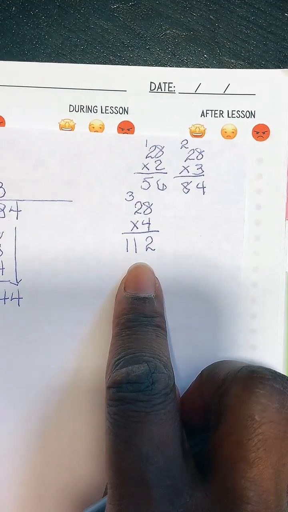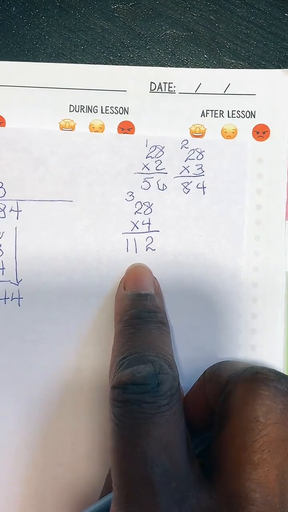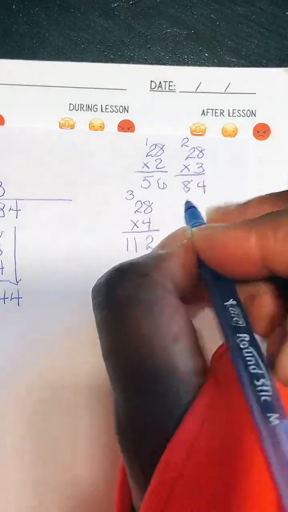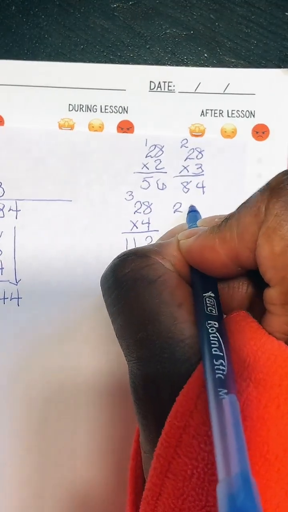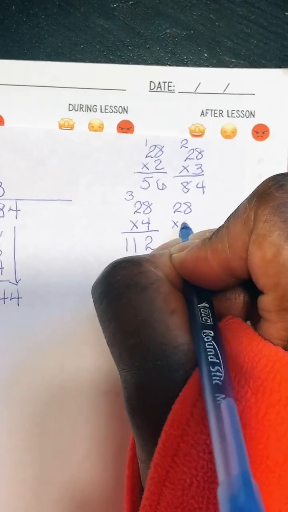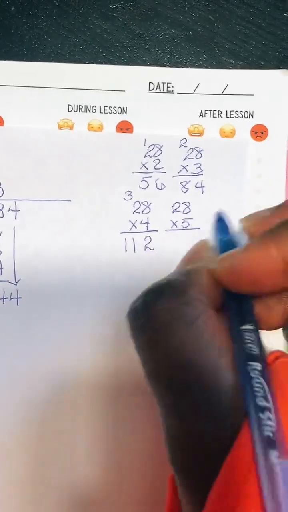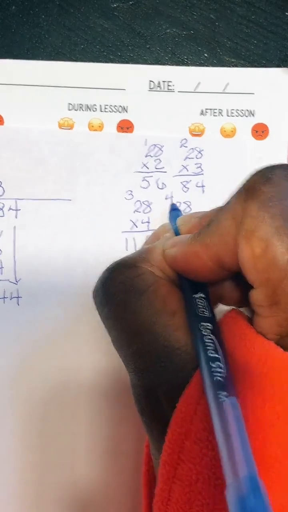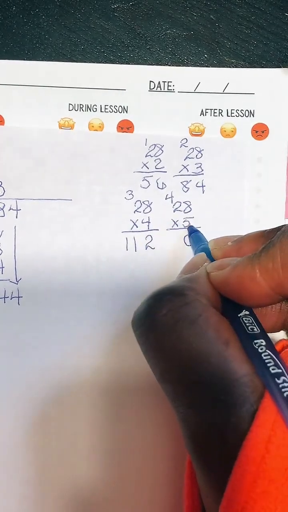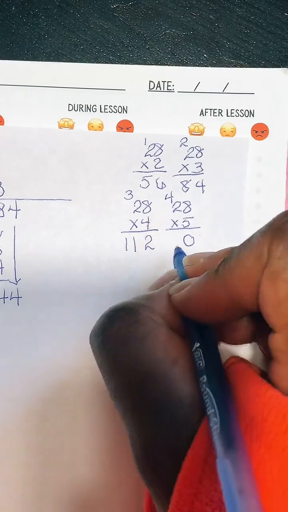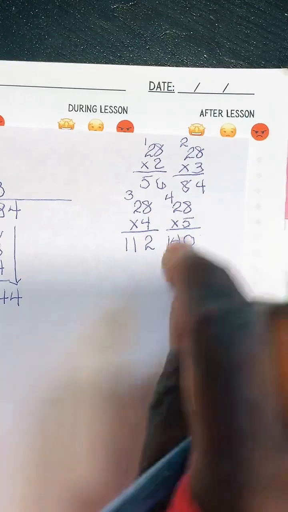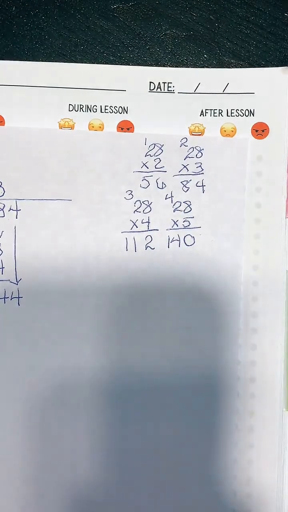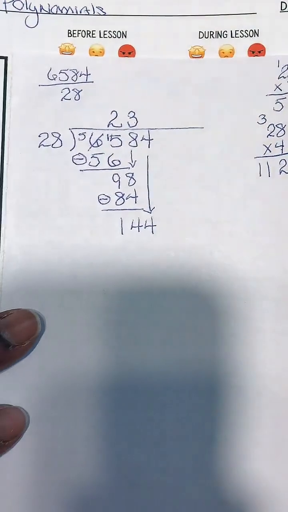So let's see if we can go a little bit higher. It's a contender. So now we're going to try 28 times 5. So 8 times 5 gives me 40, so that's a 0, carry the 4. 2 times 5 gives me 10, plus 4 gives me 14, so 140. Ooh, that looks like it.